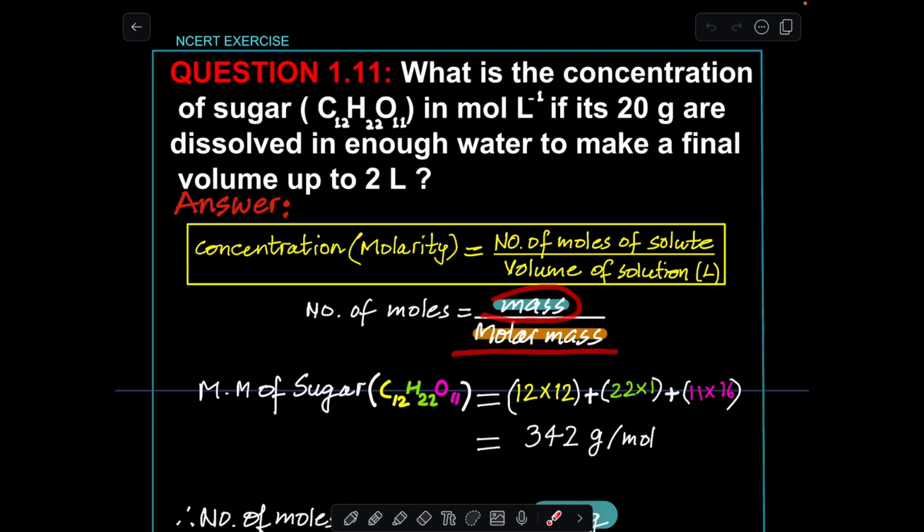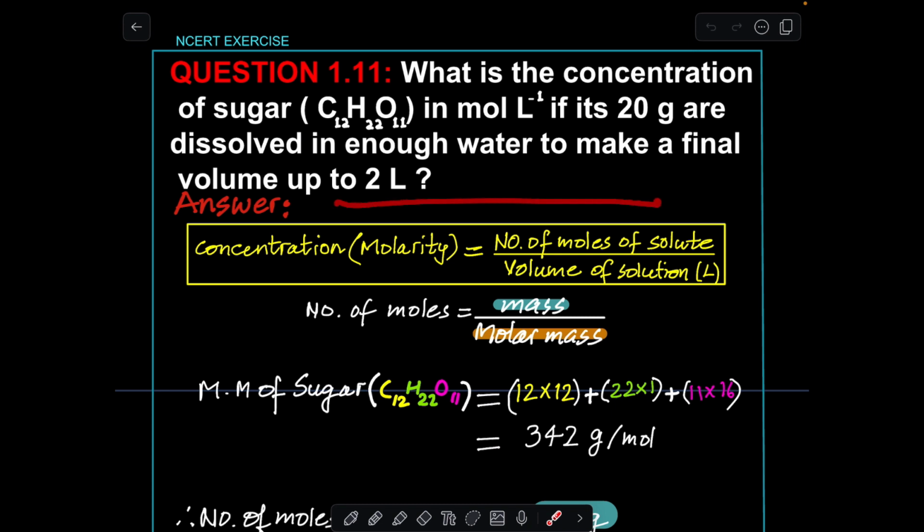Now mass is given to you in the question. We need molar mass. So we'll calculate the molar mass of the sugar. When you're solving any numerical, a few pieces of information are directly applied, and the rest of the information you have to modify a little before applying in the formula. So don't try to apply the given information directly in the formula as such.